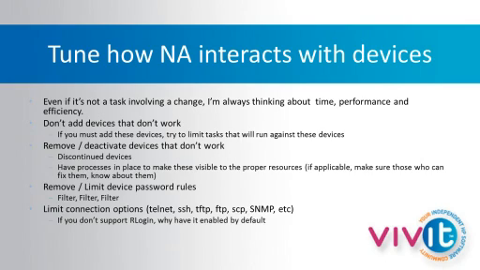Another area that you can work on is remove or limit device password rules. The key here is just filter as much as you can. The more rules that a device needs to try before it gets in, the longer the task is going to take. Sure, if network automation can use the last password that it used and was successful, that's great.